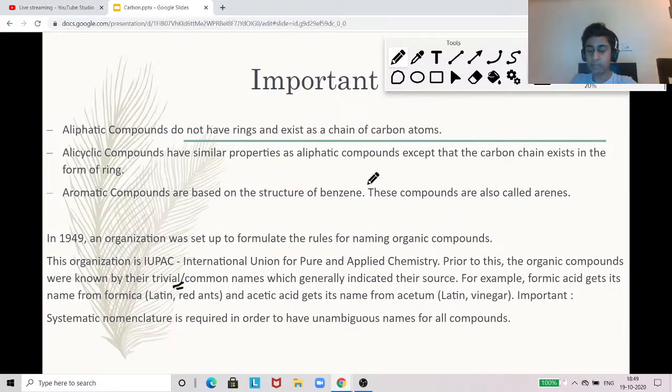Acetic acid is 5% of vinegar. And one more thing, why is systematic nomenclature even important? It's important because we require unambiguous names for all compounds. We need a systematic name which we can use throughout the world. So that's why we need systematic nomenclature.